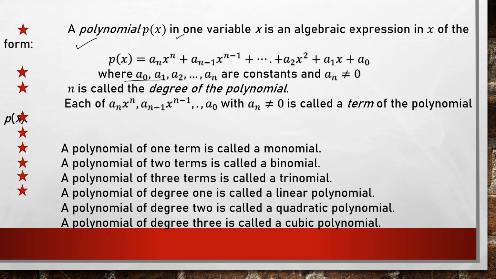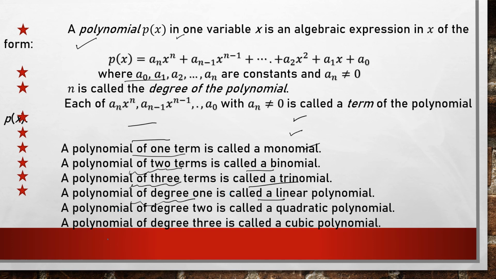अब ये तो हुआ terms के हिसाब से, right? जैसे one term monomial, two terms binomial, three terms trinomial, degree 1 linear, degree 2 quadratic, degree 3 cubic.